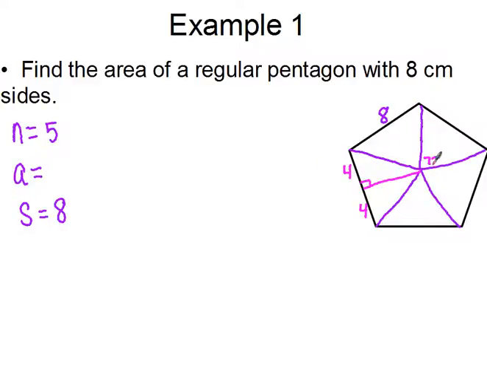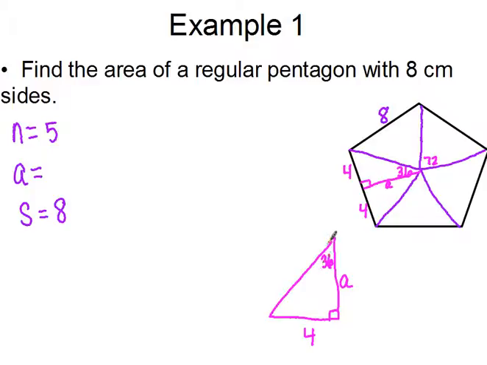So each of these angles in here is 72 degrees, the big purple angles. But when we draw the apothem down, it splits in half, makes it 36 degrees. Okay, so if we redrew this right triangle so we could focus on it a little better, it's got a bottom of 4, it's got an angle of 36, and this is our apothem that we need to find. Okay, that is trig.